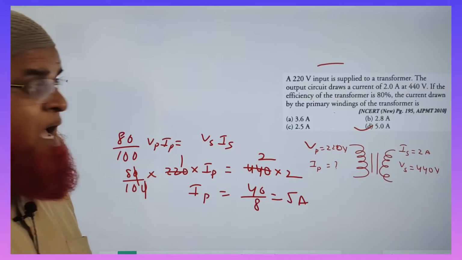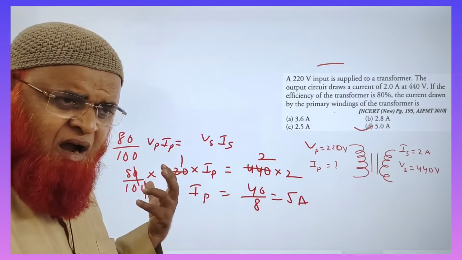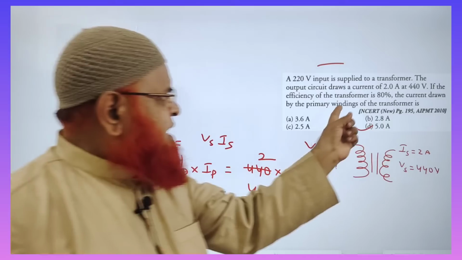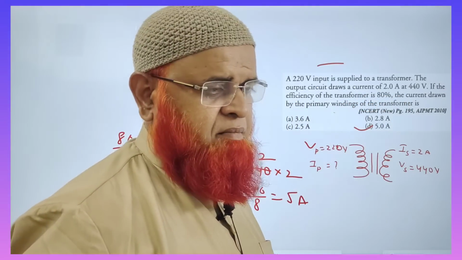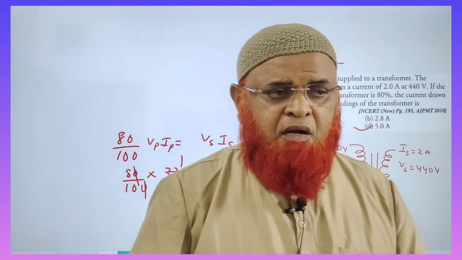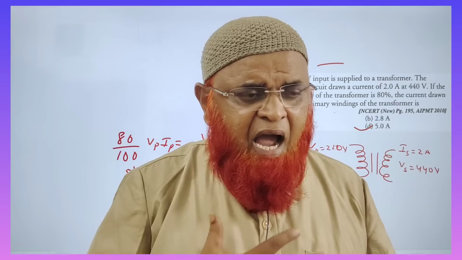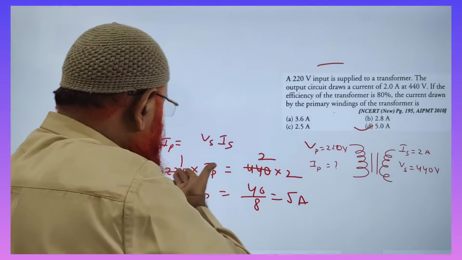Is it clear? And you may get confusion. 80% को input में लेना, output में ले सकते ना? See, if the efficiency of a transformer is 80%, what is the meaning of that? Let me give one small example. I am explaining 100%, but whatever I explain, that is the input.